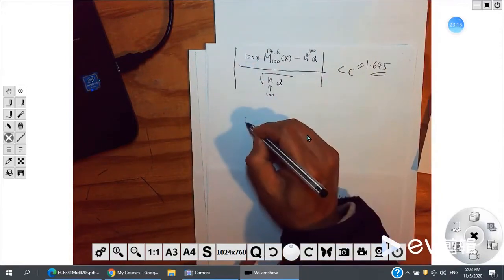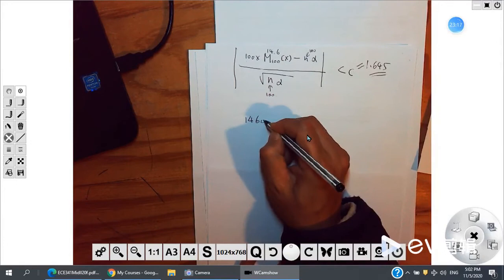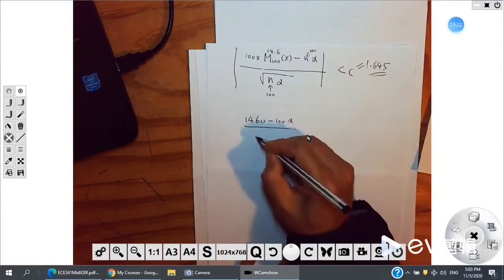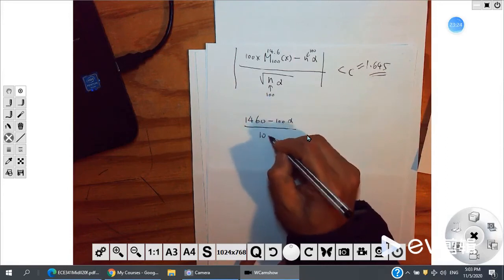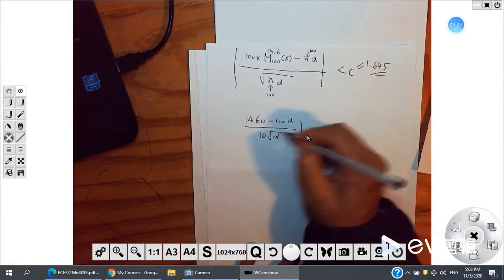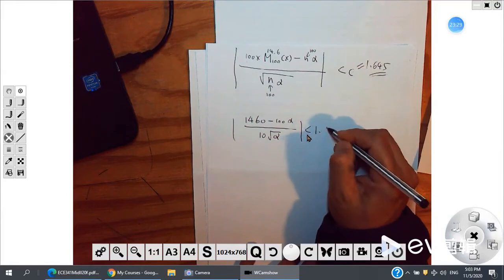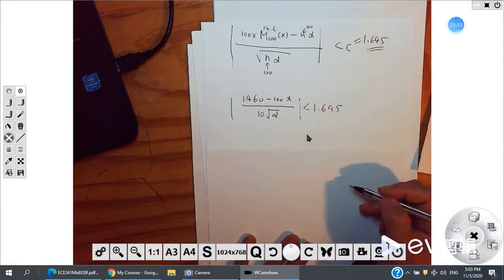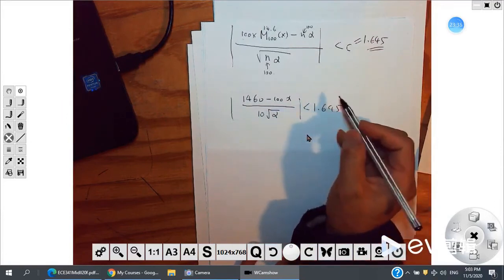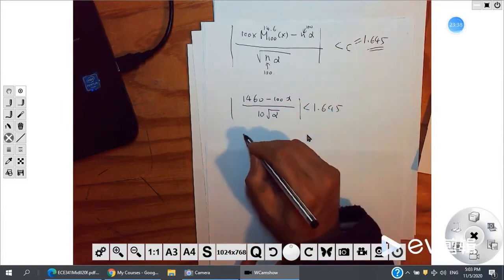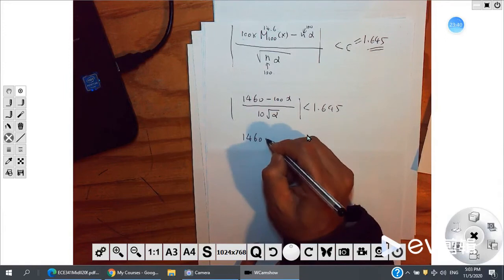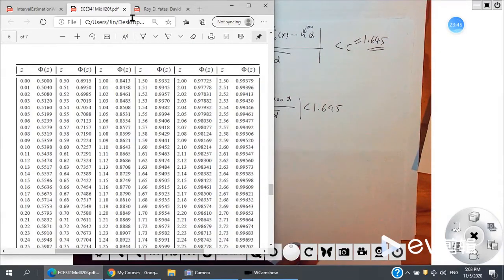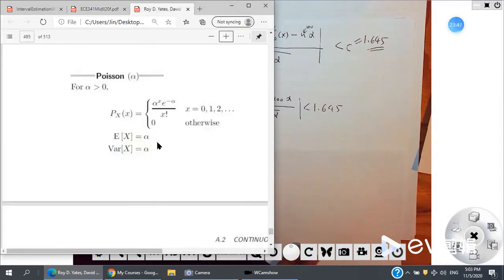This is 1460 minus 100 alpha over the square root of 100, which is 10, times the square root of alpha, smaller than 1.645. Okay, then let me multiply this to that side. I get 1460 minus... let me see if it's correct, right? Yeah, variance is also alpha.